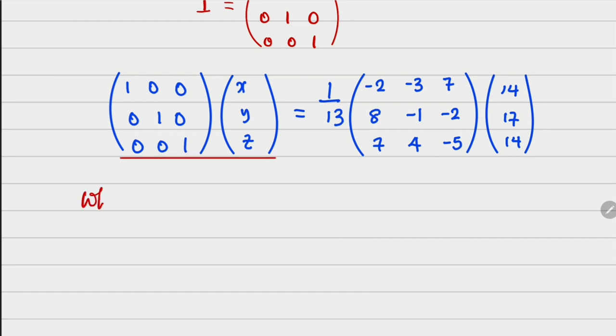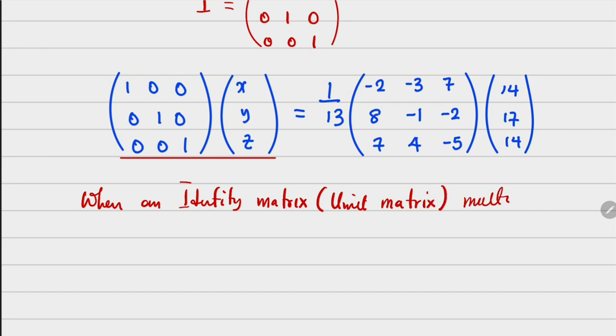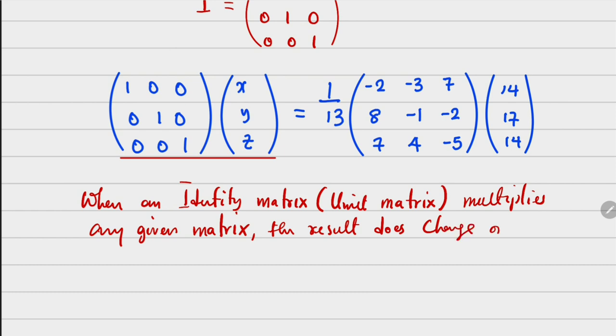Take note that when an identity matrix or a unit matrix multiplies any given matrix, the result does not change, or you can say the matrix remains unchanged.